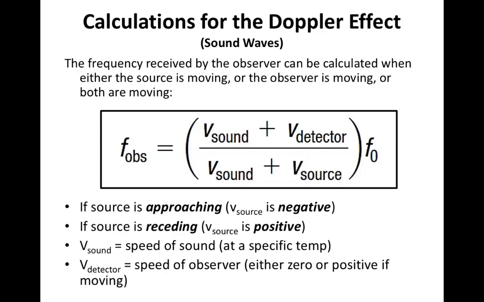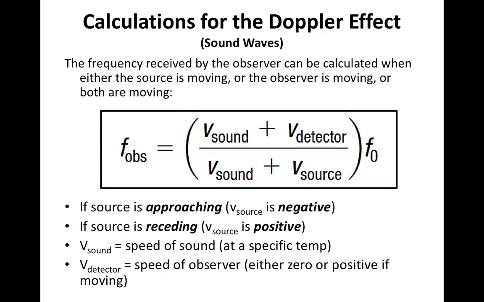I can never remember this if I just had to memorize it, so I always draw my diagram with the siren or the wave source on the right-hand side, and I draw my observer on the left-hand side. Because I'm right-handed, it's natural that going to the right is positive. So that's my way around memorizing this, is I just get into the habit of always drawing the observer on the left.